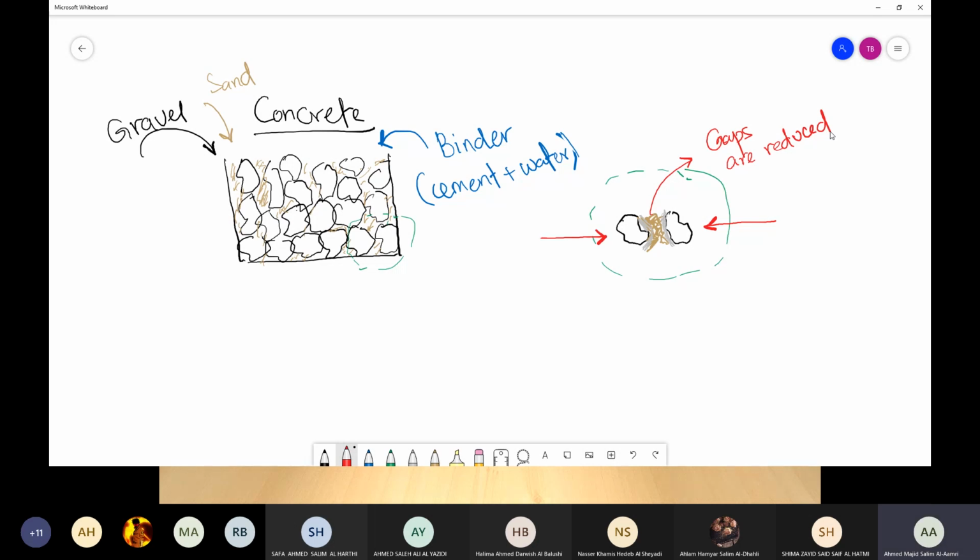Now, if I reverse the action by bringing another gravel, and then sand between them, and then the cement water binder, and then I try to apply tension here, what do you think will happen?